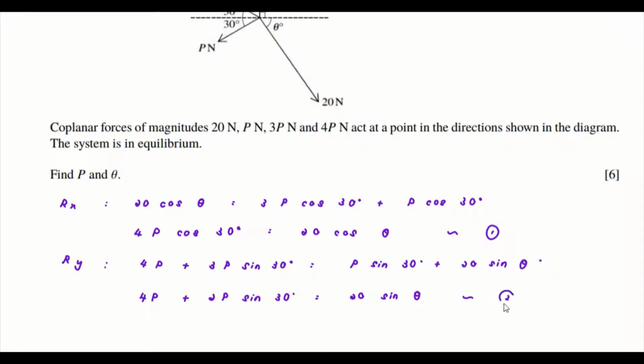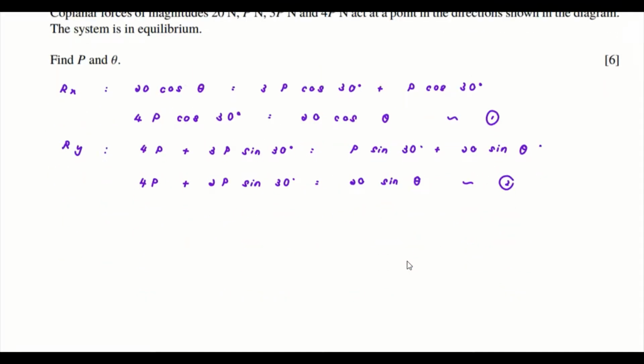You should be happy to look at this, because eventually it means that we can just use tangent to solve this question as well. After we get this, equation 2 we can divide by equation 1.